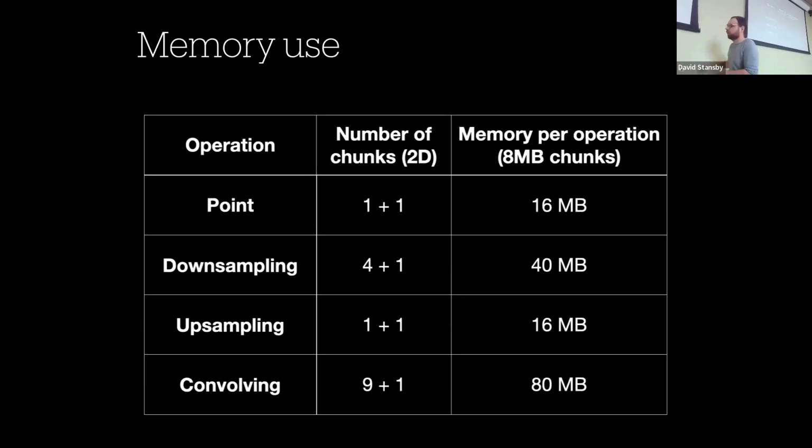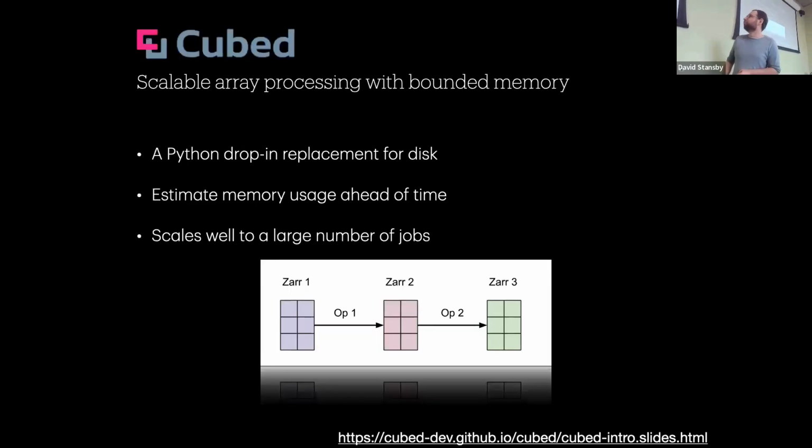This is the idea we came up with. Like all good ideas, as I discovered during my PhD, someone's already come up with it. I discovered a few weeks ago this library called Cubed. If you're a Python programmer and you have used or heard of Dask in the past, this is a drop-in replacement for Dask.